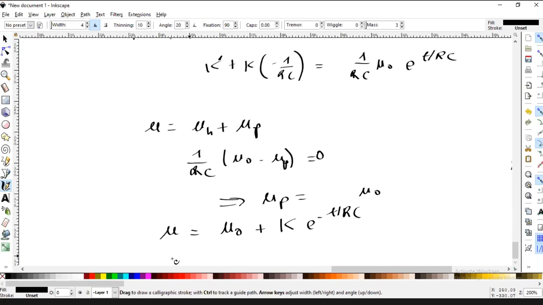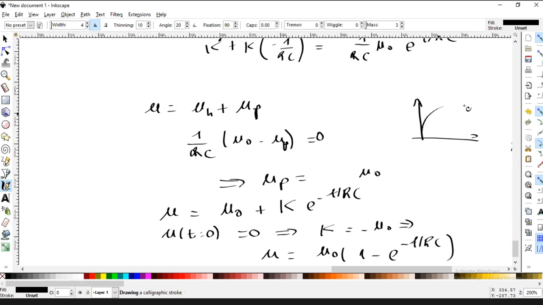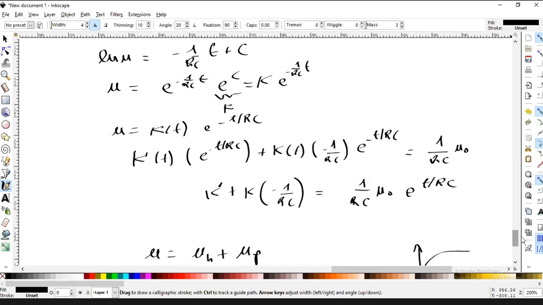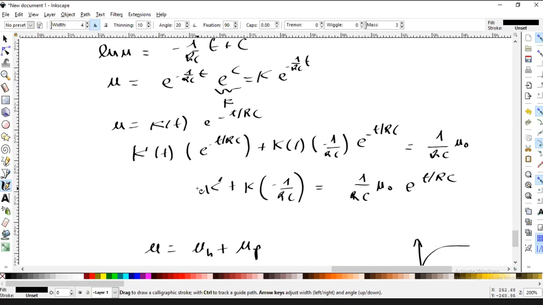And then if you take u of t equals 0 to be 0, you get that k is equal to minus u0, and then u is equal to u0 times 1 minus exponential minus t over RC. So this is what we know for the charge of the capacitor here. Now, for the method of variation of the constant, usually it works, and here it also works.